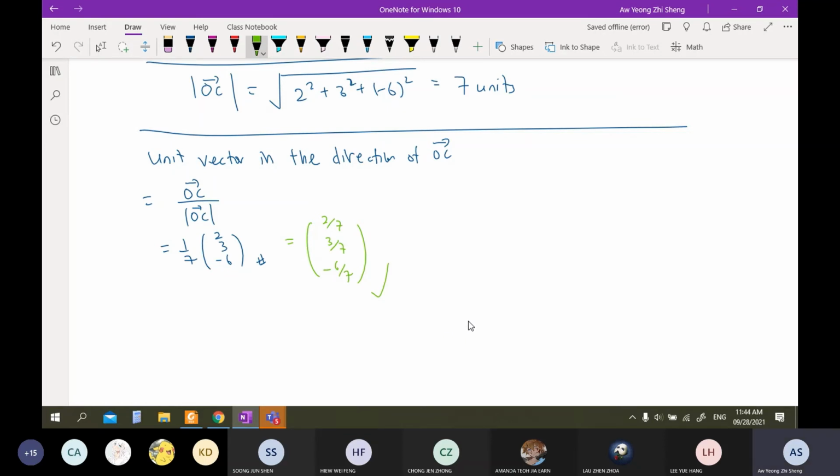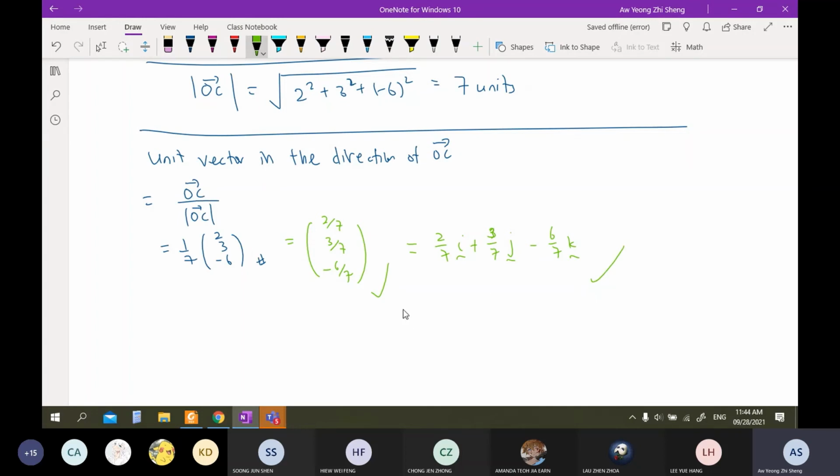Unit vector doesn't have to be in IJK terms. The question doesn't say that you must give in IJK, so it's fine. It's fine to leave it in bracket form. Like if you really want to convert it to IJK form, then it's just 2 over 7 i plus 3 over 7 j plus, no, the last one is minus 6 over 7 k. It will be just like this if you really want to convert into IJK.